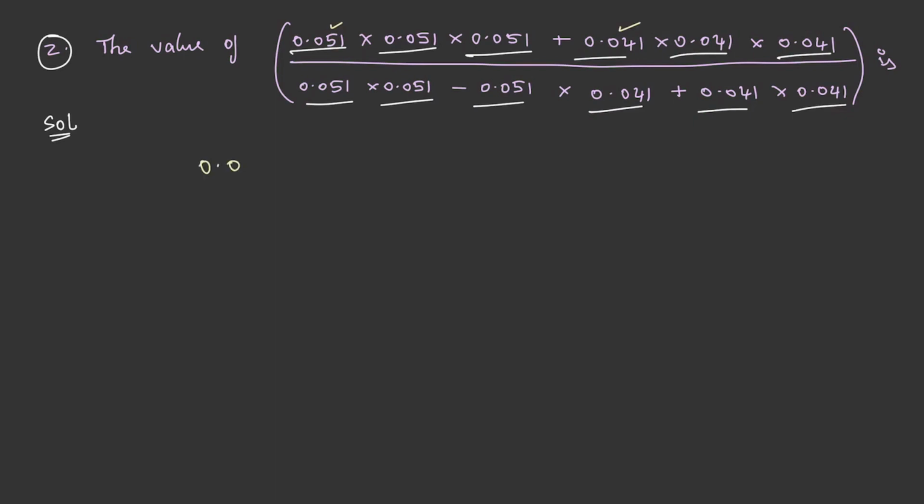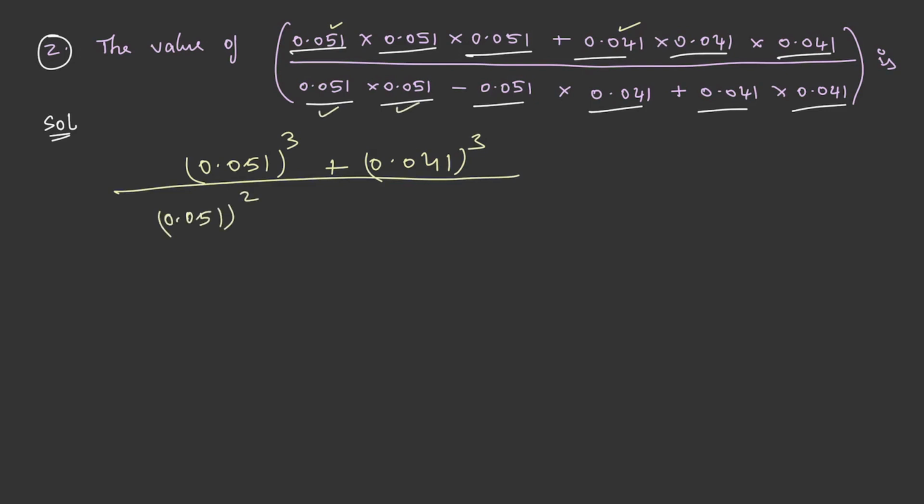So I can write it as 0.051 whole cube plus 0.041 whole cube, and in the denominator 0.051 whole square minus 0.051 into 0.041 plus 0.041 whole square.